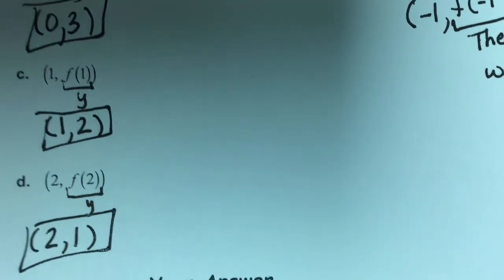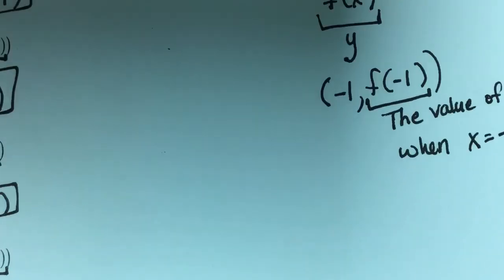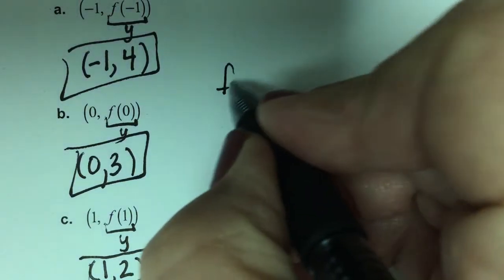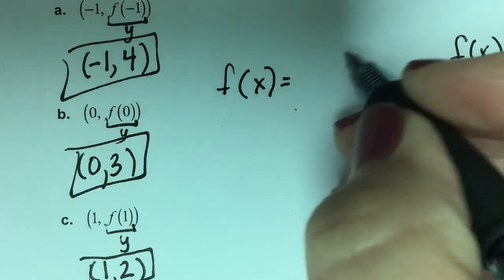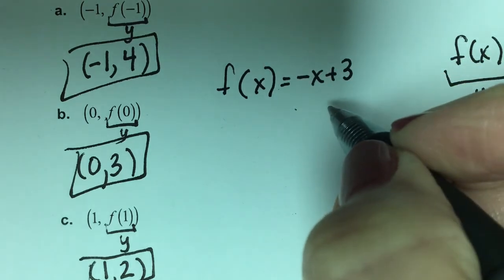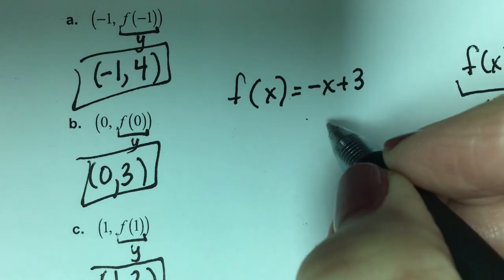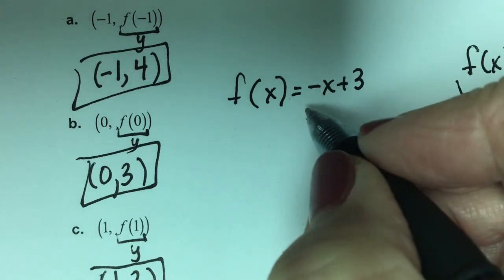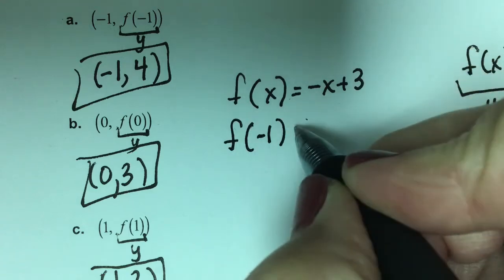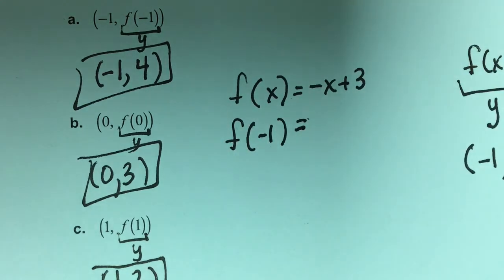Now as I look at this, there is another way that I could have done these. You know, f of x equals -x plus 3. If you didn't have a graph, then you could substitute -1 in for x.